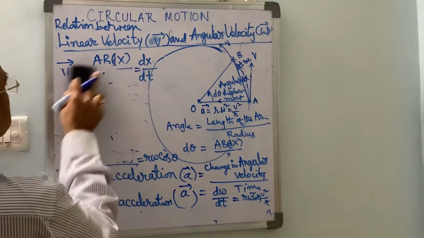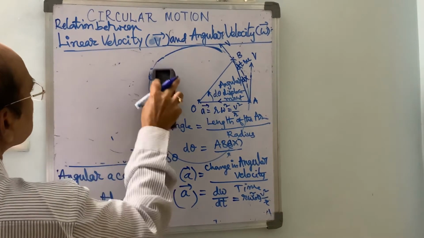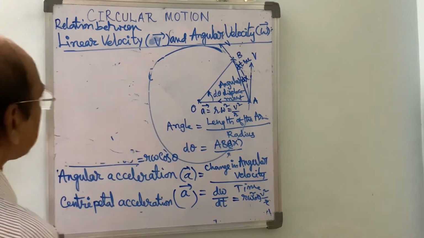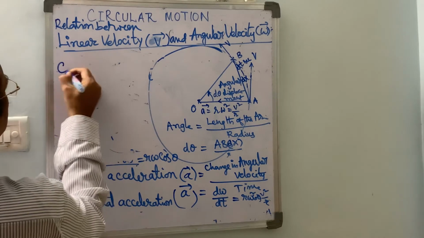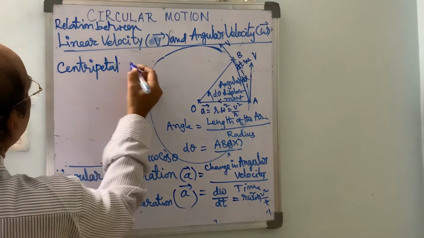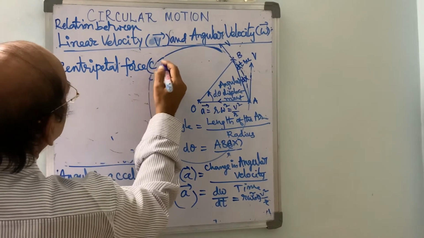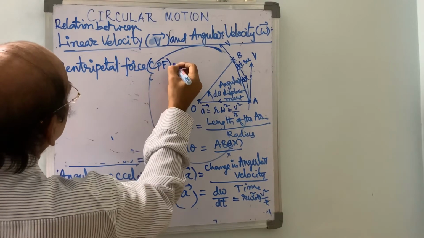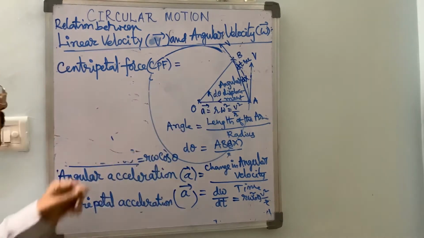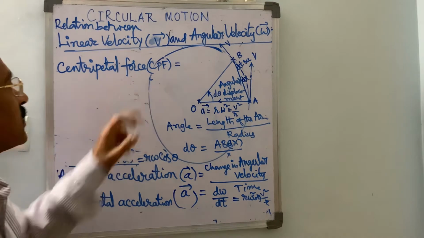So the force which keeps the body moving along the circumference of the circle, the force acting towards the center of the circle, is known as centripetal force, CPF. From the definition of force, force is equal to the product of mass and acceleration.